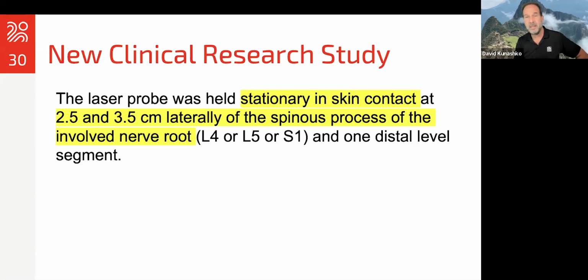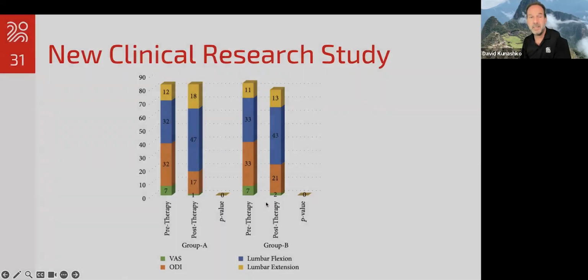And the laser was held 2.5 to 3.5 centimeters lateral to the spinous process of the involved nerve root at one distal level segment. So again, that's important because you would need to locate where that nerve root is being affected and treat that area.